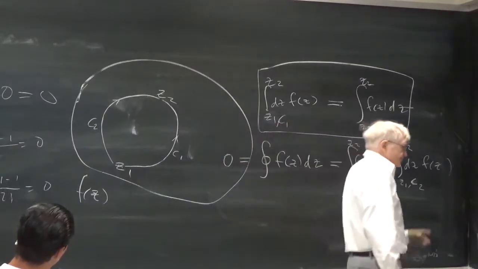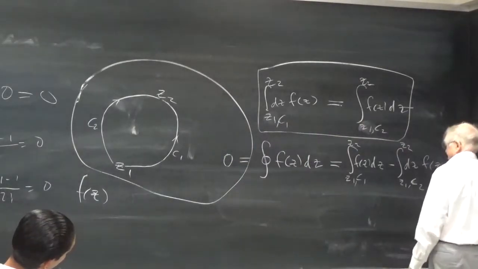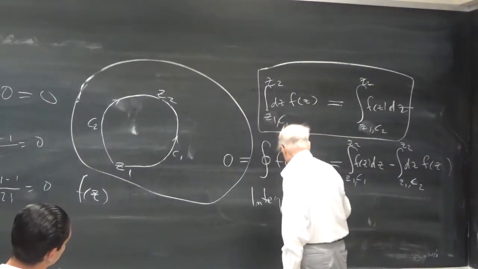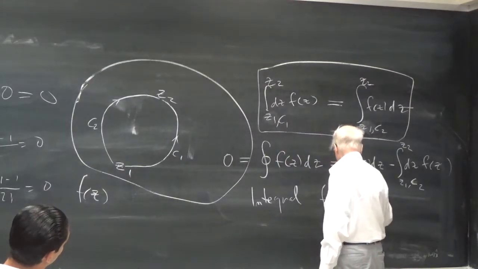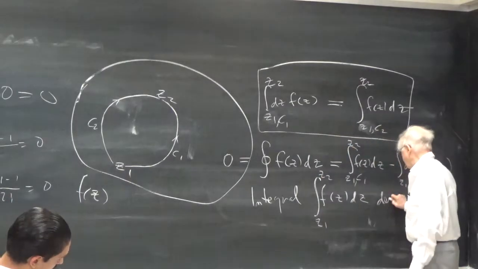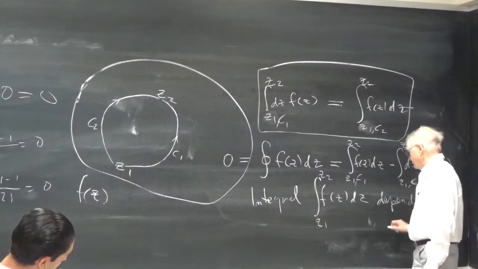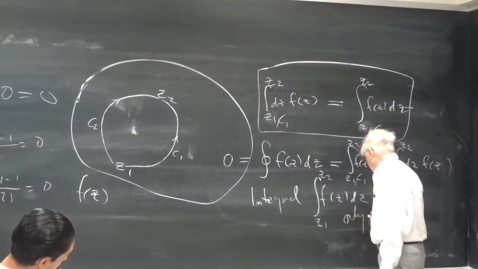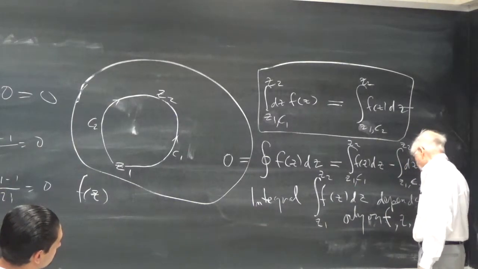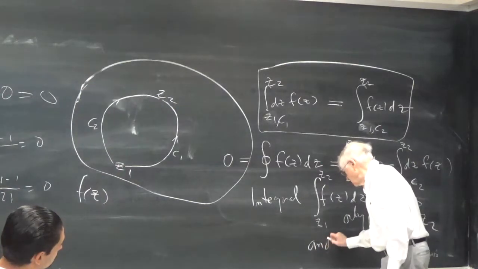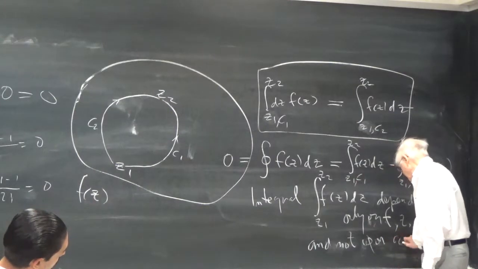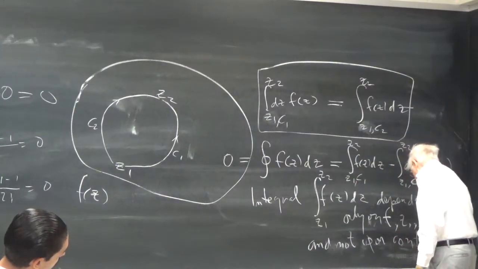So in other words, the integral of f of z dz from z1 to z2 depends only on, obviously, the function f and the endpoints, and not upon the contour of integration.